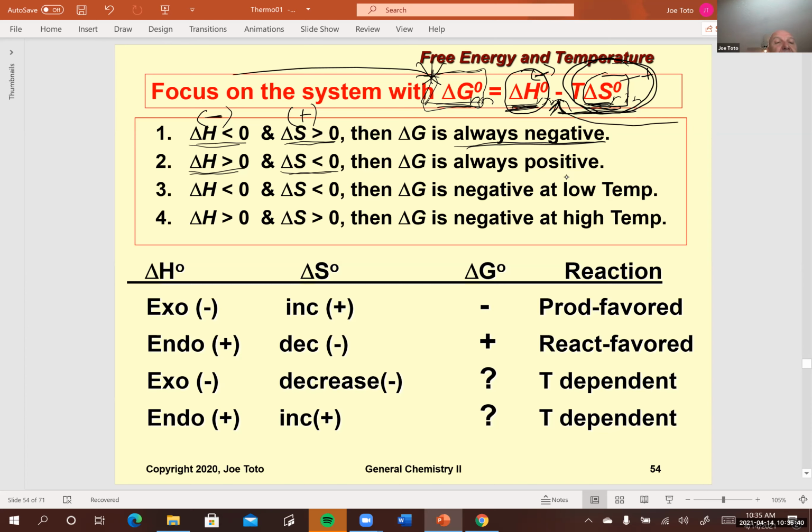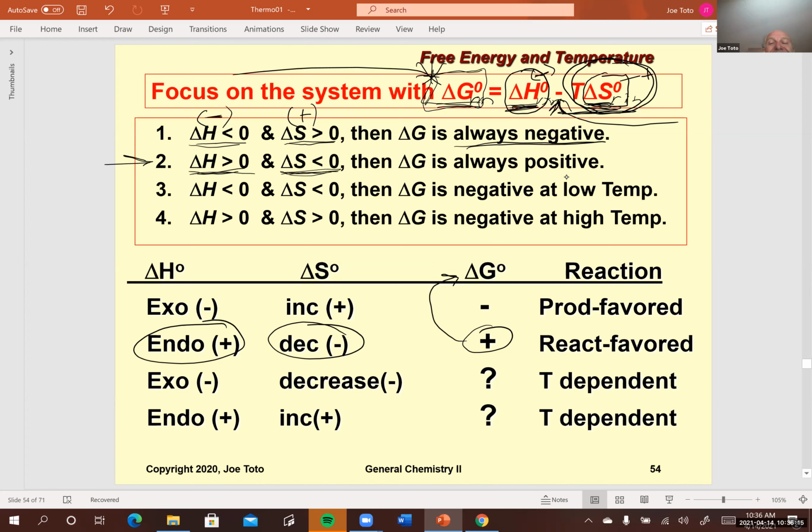Let's do number two. Number two says, let's consider a reaction that's endothermic, and in this reaction, entropy is destroyed or decreases. So now I have a positive term here and a negative term for delta S. Then delta G is always going to be positive, and the reaction is going to be spontaneous towards reactants, not products.